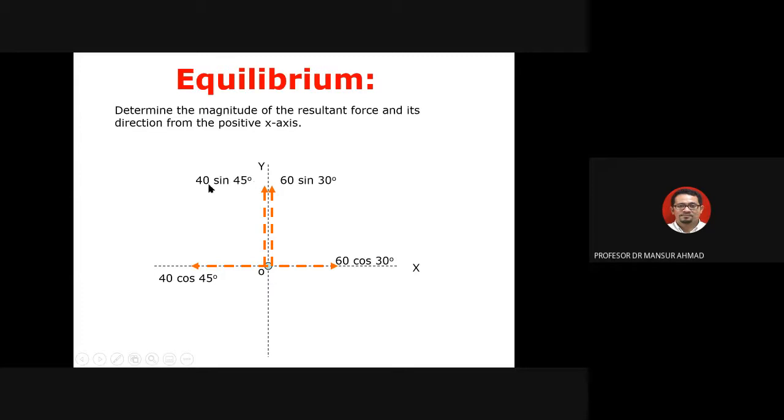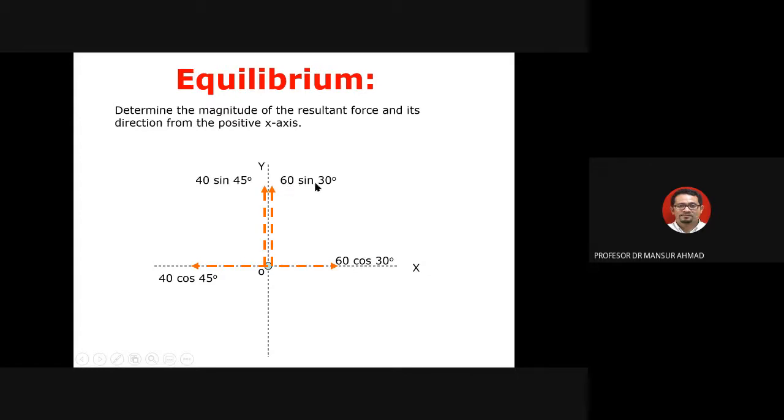Because both are the same. So this is how I resolve 40 kilonewton in y direction, and this is how I resolve 40 kilonewton in x direction. Okay, so next I'm looking at 60 kilonewton now.